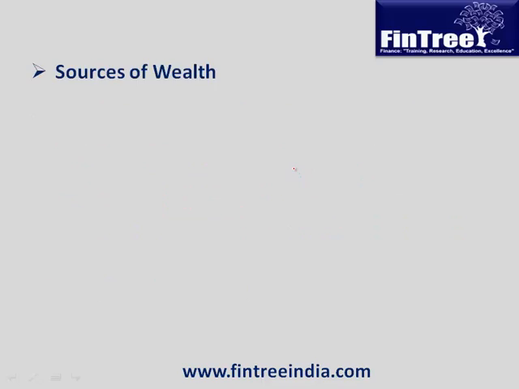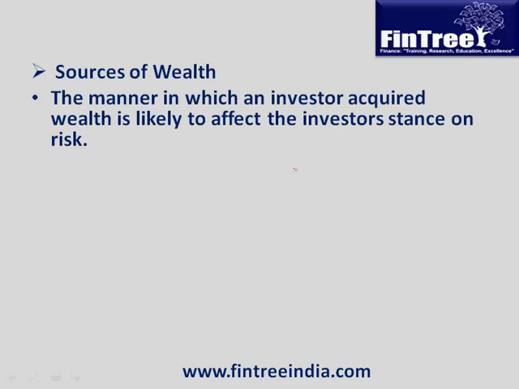So let's read through the theory content. Most of the session today, my job would be limited to reading out all the theory parts for you. Source of wealth. The manner in which an investor acquired wealth is likely to affect investor's stance on risk.